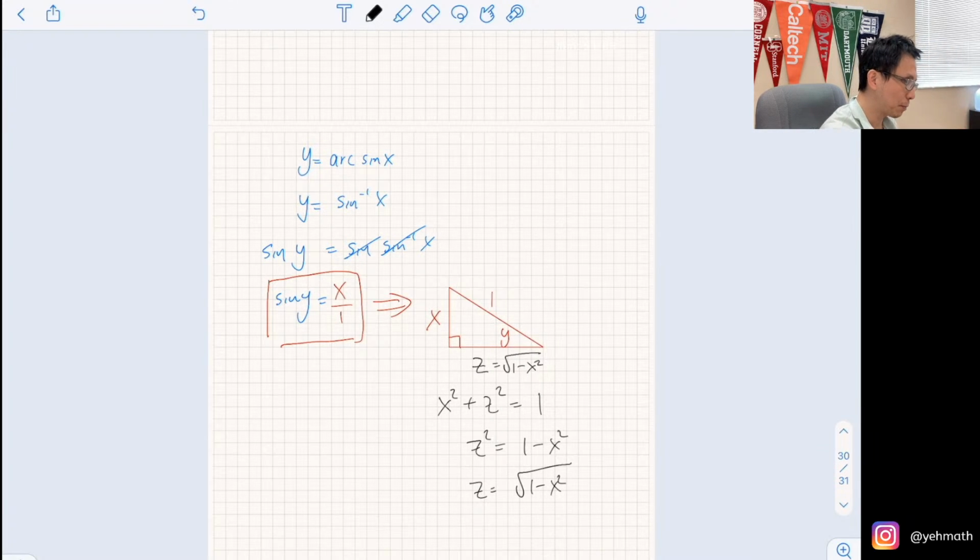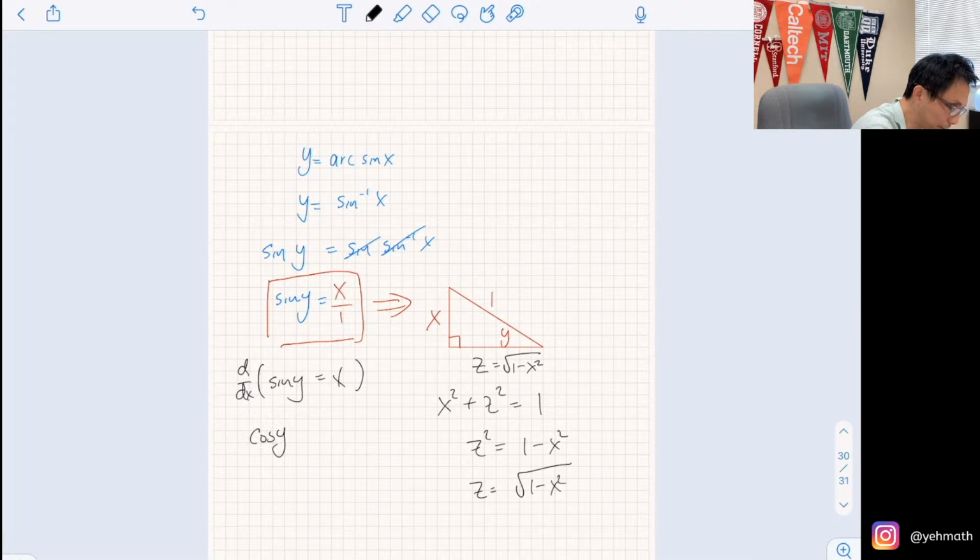So now let's do the beautiful part of this. Let's take a derivative of sine of y. I'm going to take d/dx on both sides. There's an implicit derivative happening. So it'll be cosine of y times dy/dx equals 1. Does that make sense? That's just an implicit derivative. So dy/dx equals 1 over cosine of y.